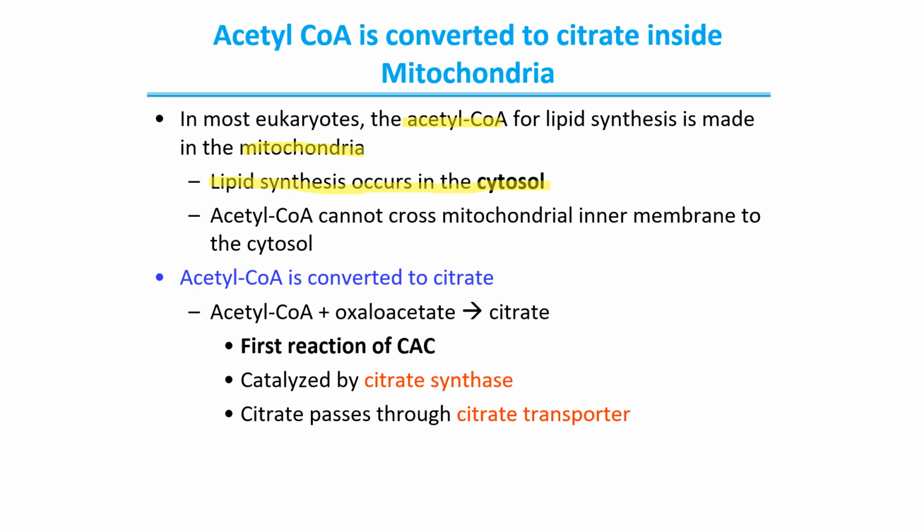Acetyl-CoA itself does not have a transporter, so it cannot cross the mitochondrial membrane, and that is why it will first be converted into citrate, as we saw in the previous slide. This is the first reaction of the citric acid cycle, and the citrate can easily go through a transporter, which is known as the citrate transporter. So the citrate transporter transports this citrate, and the first reaction in which we synthesize citrate is catalyzed by the citrate synthase enzyme.